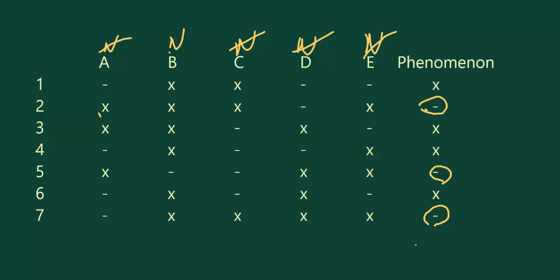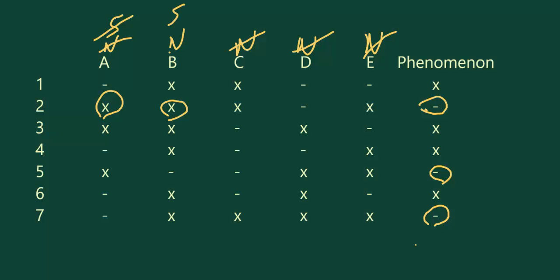And since A does occur, but the phenomenon doesn't on case 2, A cannot be a sufficient condition. B, just like A, fails to guarantee the phenomenon on case 2.